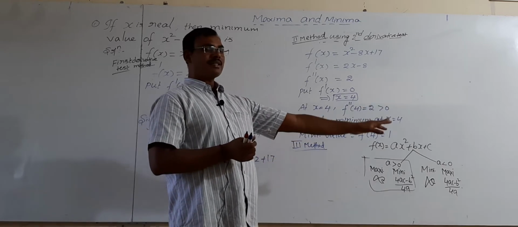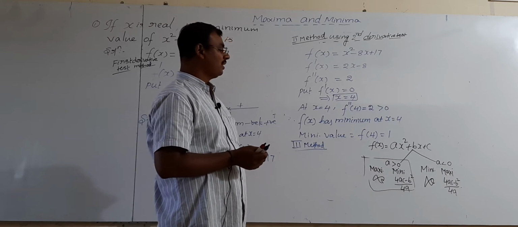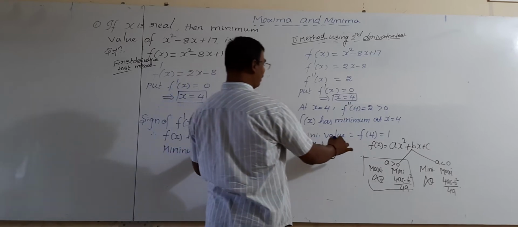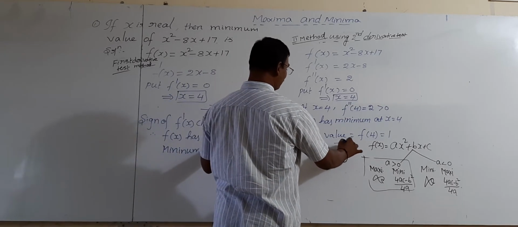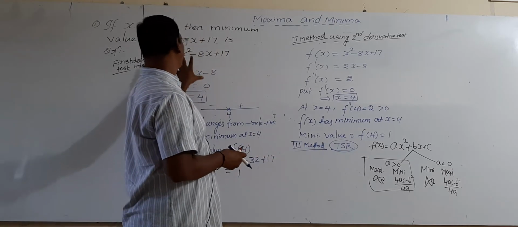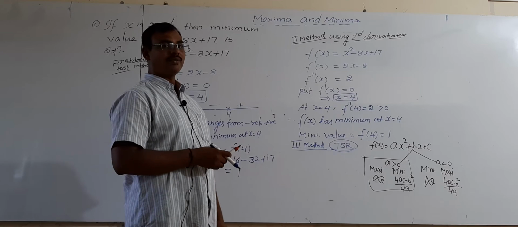If a is less than 0, minimum is infinity, maximum is 4ac minus b square by 4a. This is the time saving result method, TSR. Without the help of first derivative test, second derivative test, we can get the answer.